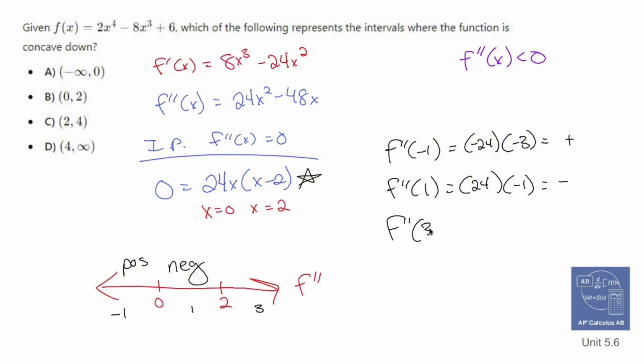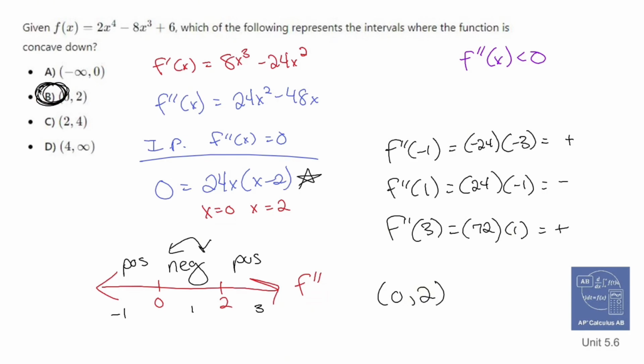F double prime of 3 is going to be 24 times 3, which is 72. And 3 minus 2 is 1, so that's going to become positive. So you are where we're concave down, between 0 and 2. Which is B. Okay? So yeah, that's how you do it.